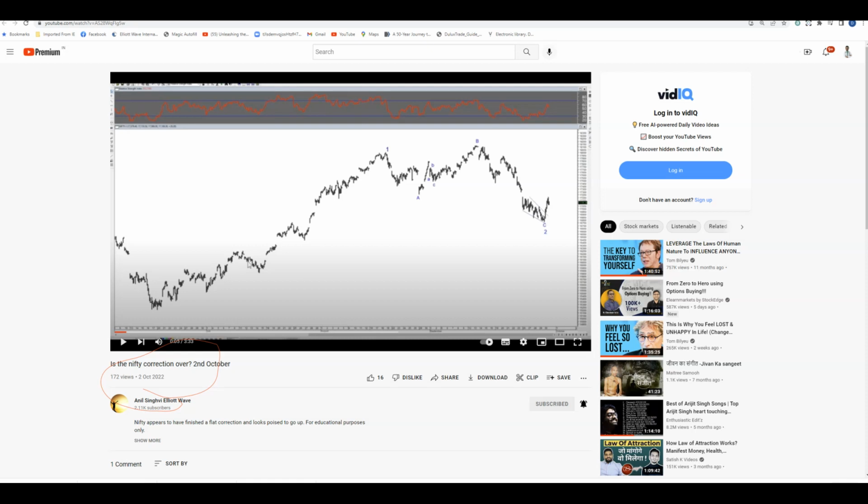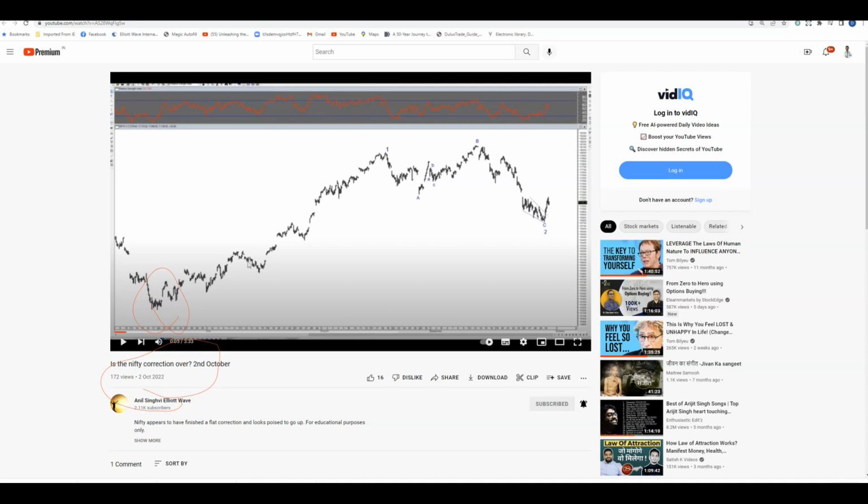Similarly, if you go behind and you identify the date of 21st of June, you will see that we identified the bottom which was formed on the 21st of June as well within a day of its being formed. And it is no rocket science. It was explicitly explained in the video why we thought that that was the bottom.